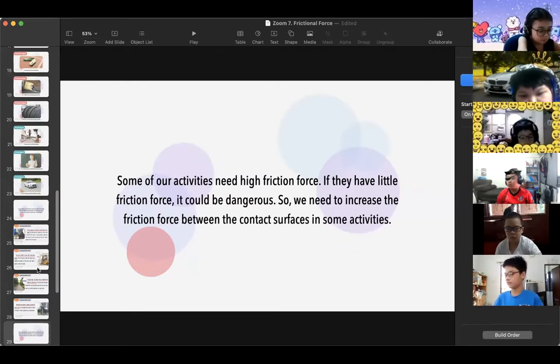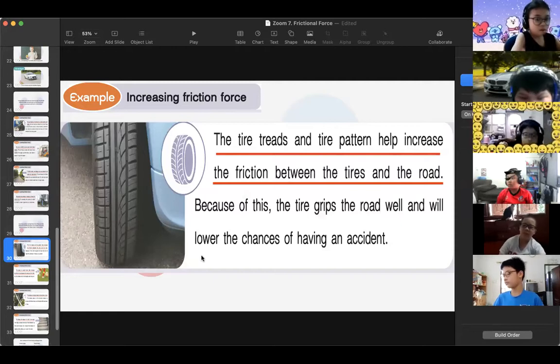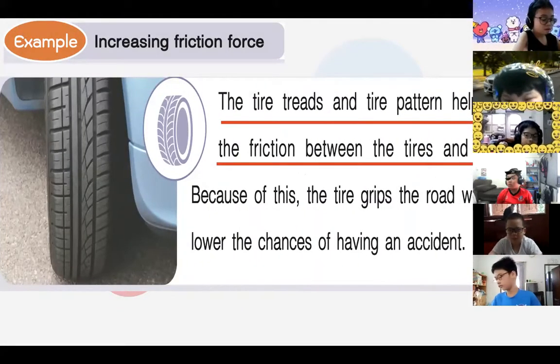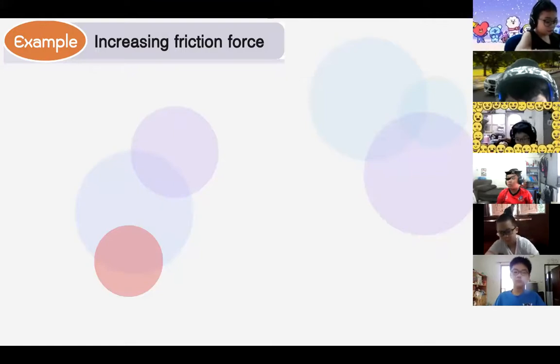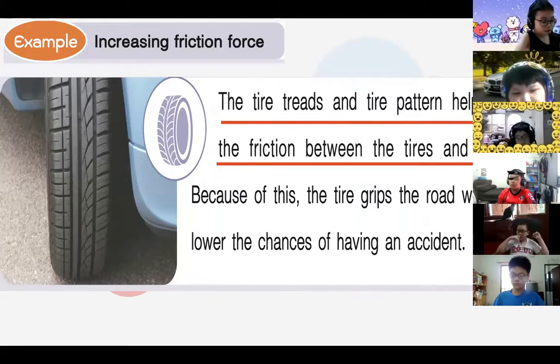For example, the tires of our car, the rubber, have gaps, slits in the car tires. That is to grip the road so that it will not sway and slip on the road.